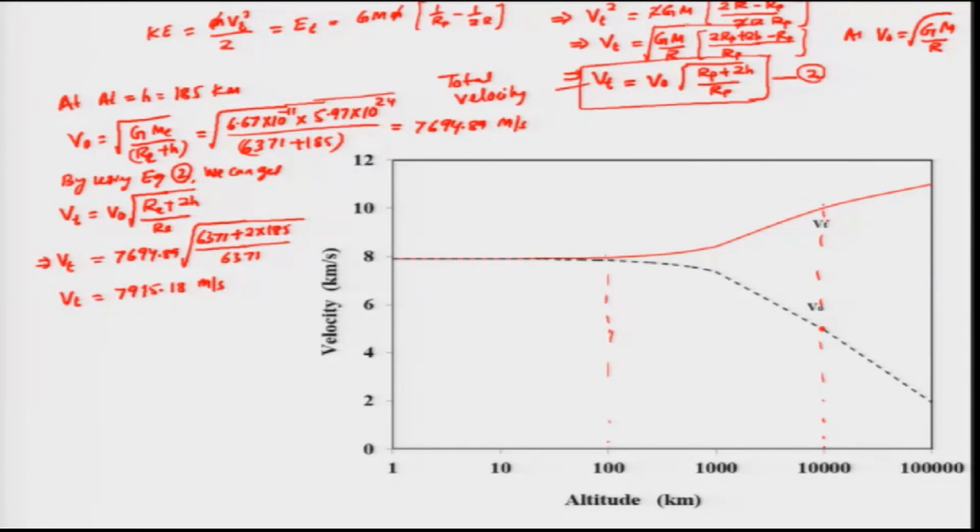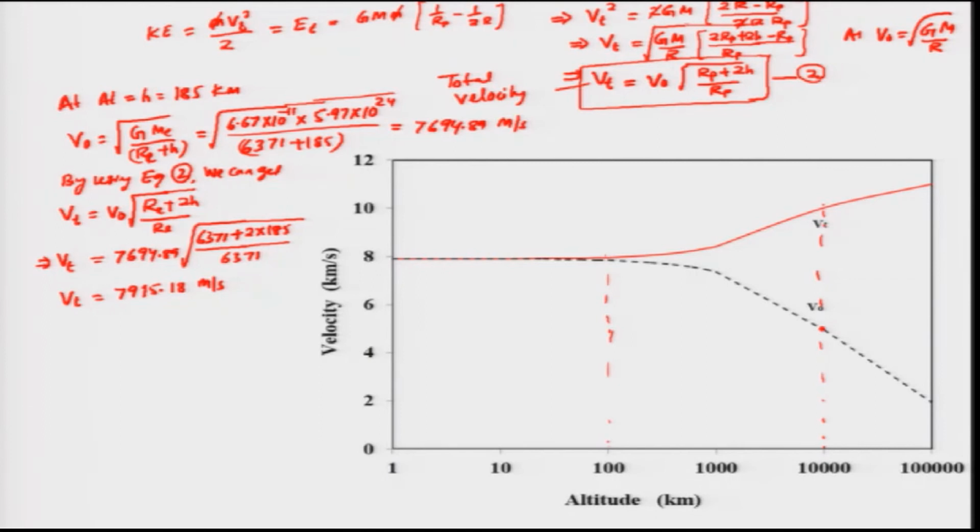You may think that it is advantageous to have a higher altitude, particularly when you consider the lower orbital velocity. However, the total velocity imparted to the satellite will be much higher.